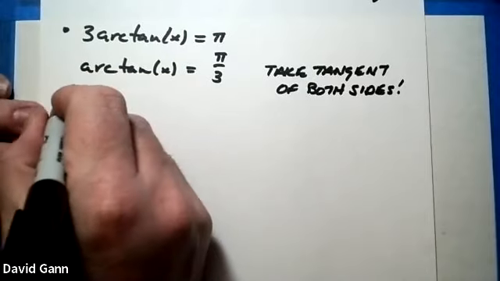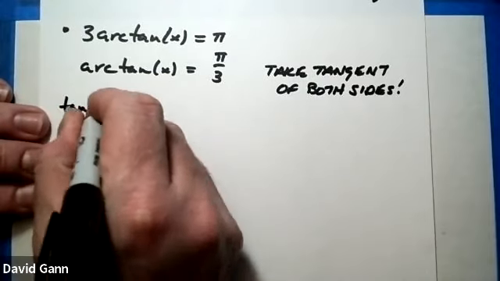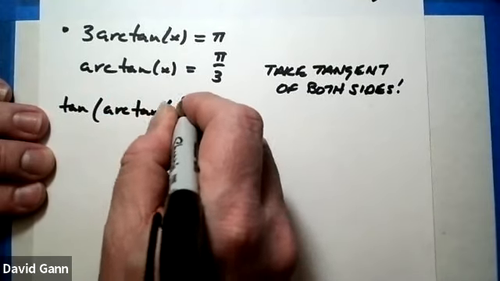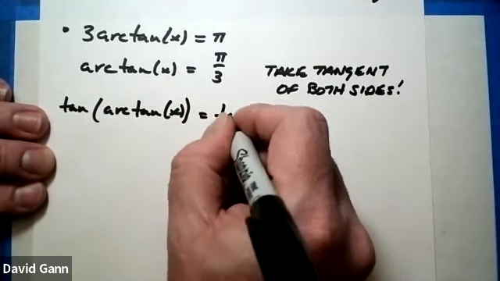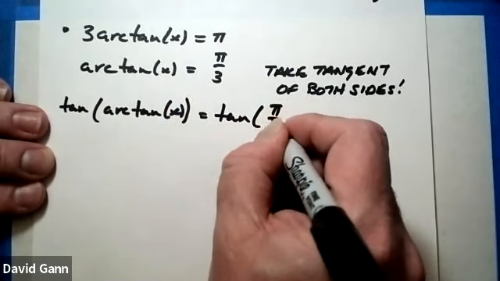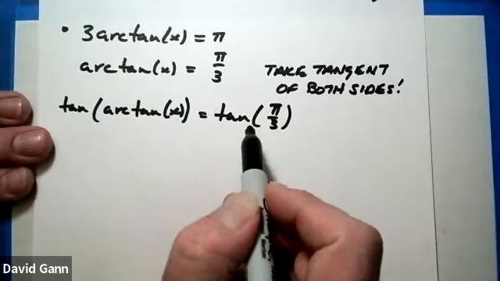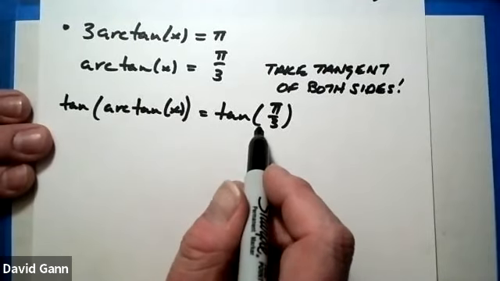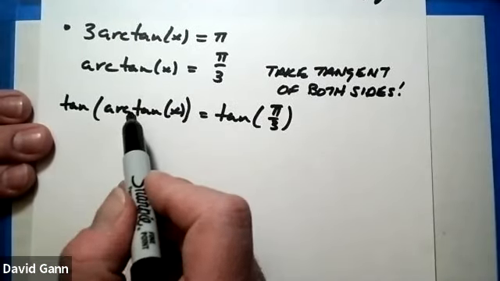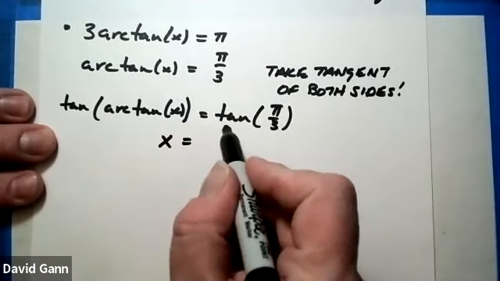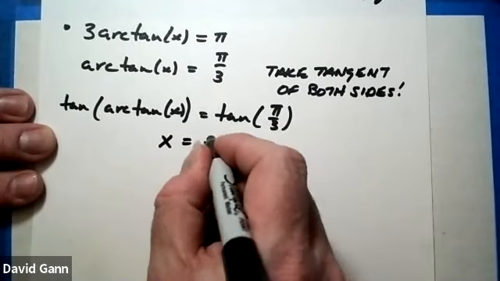So when I do that, I end up with the tangent of the arctangent of x equal to the tangent of pi over 3. Now this can be evaluated. And again, most of the time when you see something that can be evaluated, you probably should. Over here, the tangent of the arctangent of x just spits out x, and you end up with the tangent of pi over 3, which happens to be the square root of 3.